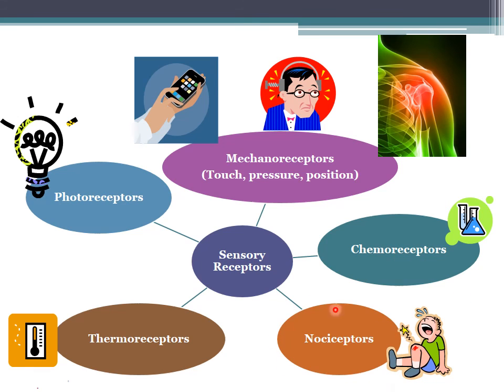Next are the nociceptors. Nociceptors are the technical term for pain receptors. And pain receptors are generalists. Pain receptors can respond to many different types of stimuli. Some that I mentioned to you before. Pain receptors can respond to tissue damage. They can respond to acids.